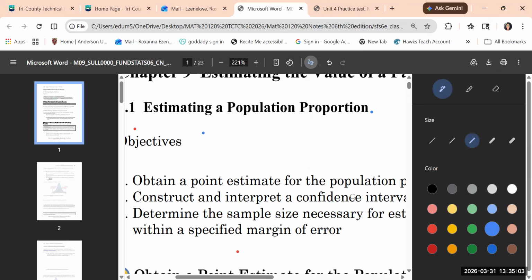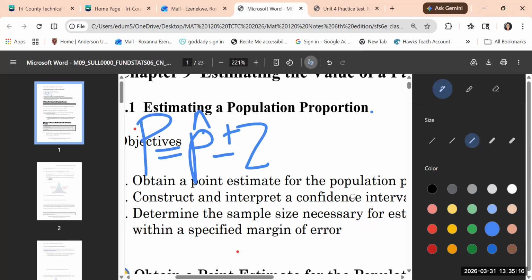Now I will write: the estimate of the population proportion is equal to the point estimate p hat plus or minus the critical value alpha over 2 multiplied by the standard error.